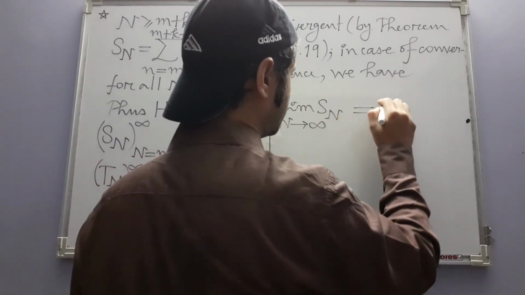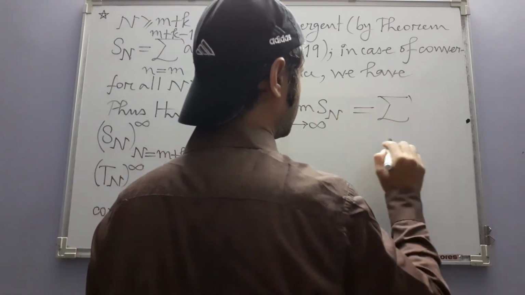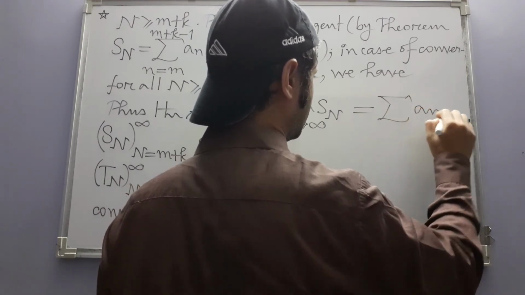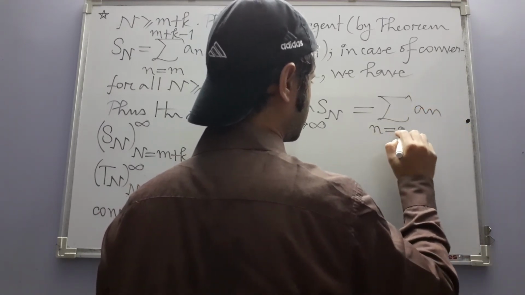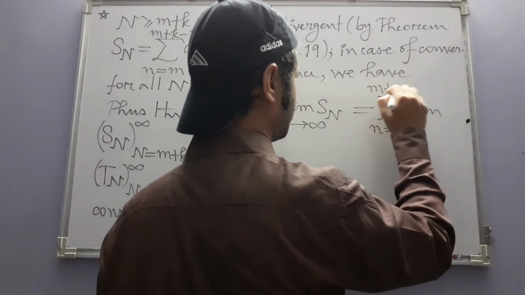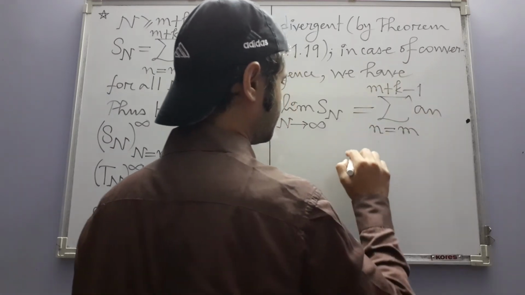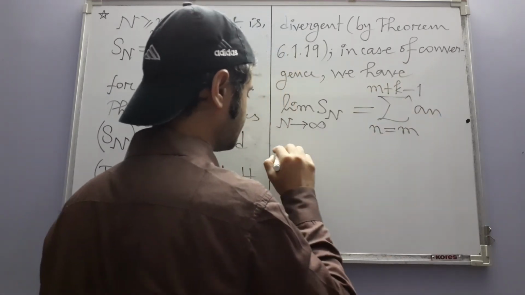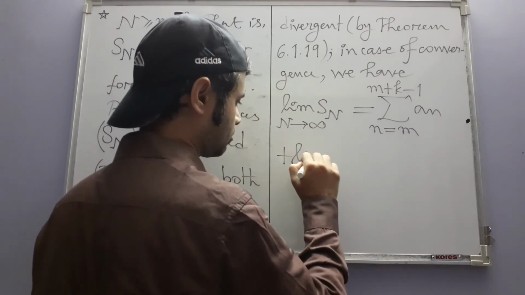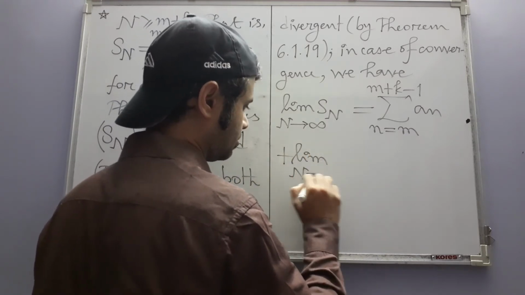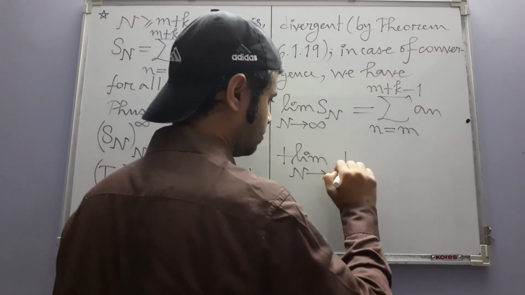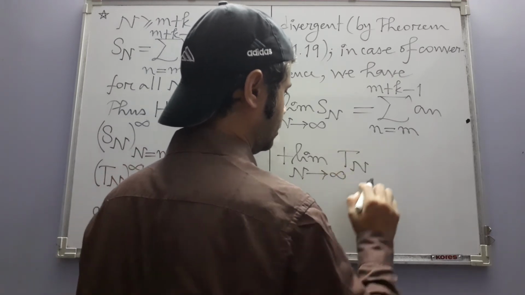This is equal to summation an as n varies from m to m plus k minus 1 plus limit n tends to infinity Tn.